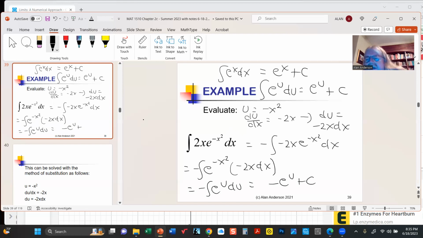I don't have to change the sign of the c because we don't know what it is. Oh, don't let me lose that negative. Negative e to the minus x squared plus c.